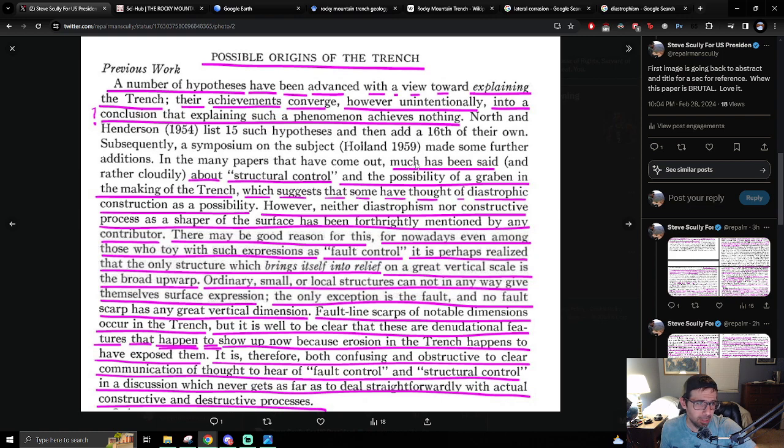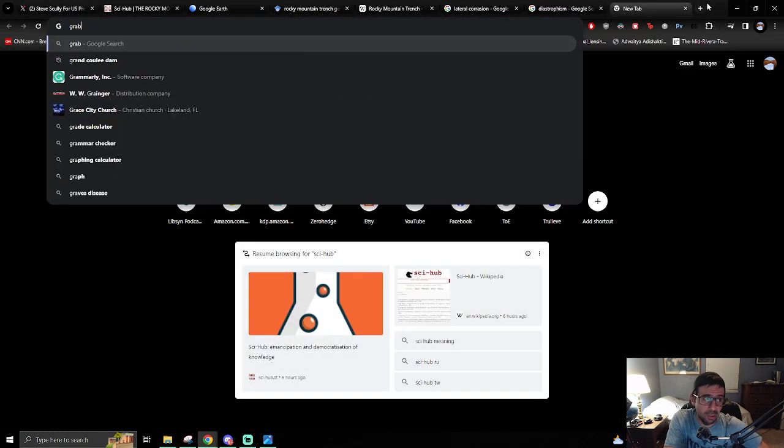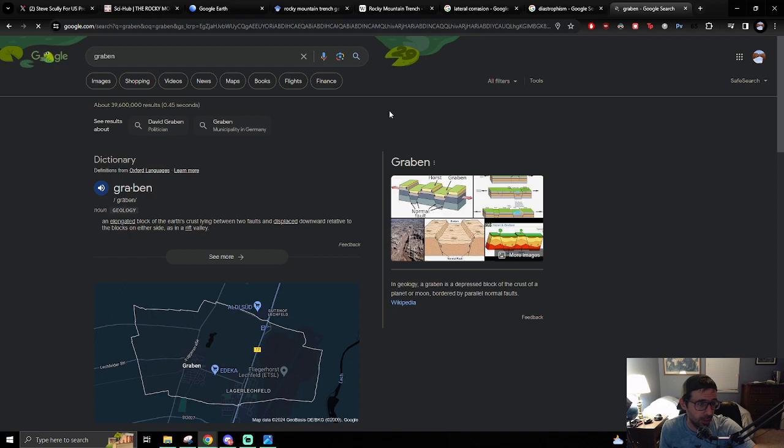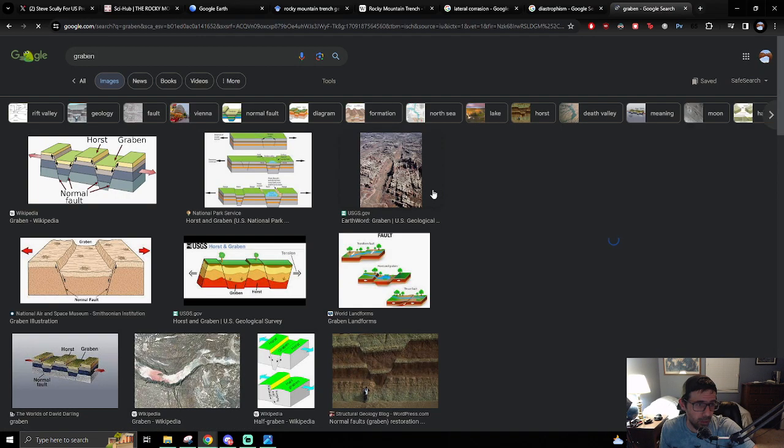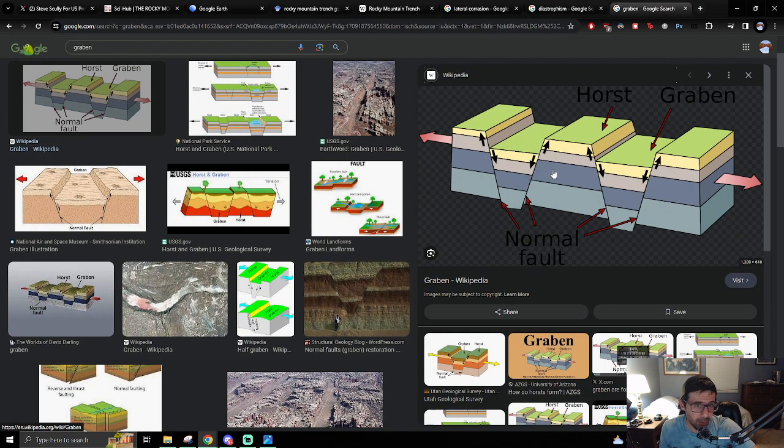In the many papers that have come out, much has been said, and rather cloudily, about structural control and the possibility of a graben in the making of the trench, which suggests, so if anyone doesn't know, a graben is like this, a horst and graben, okay.